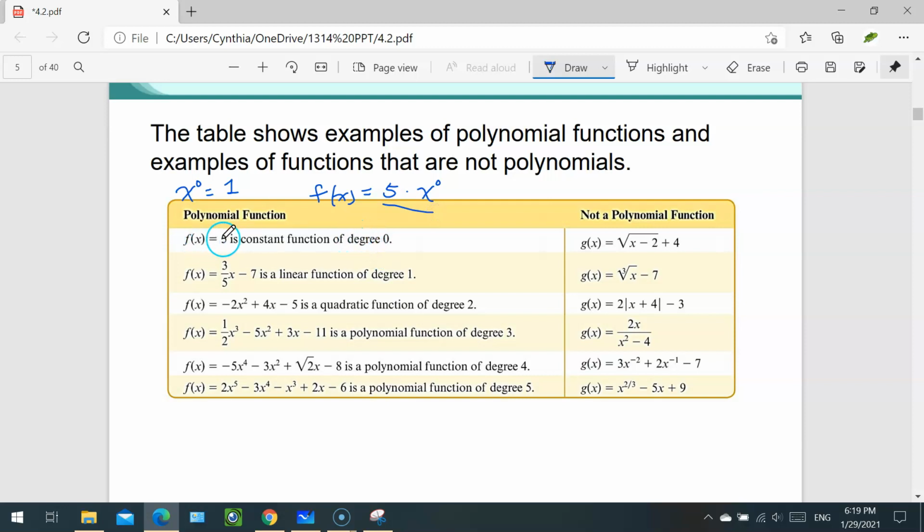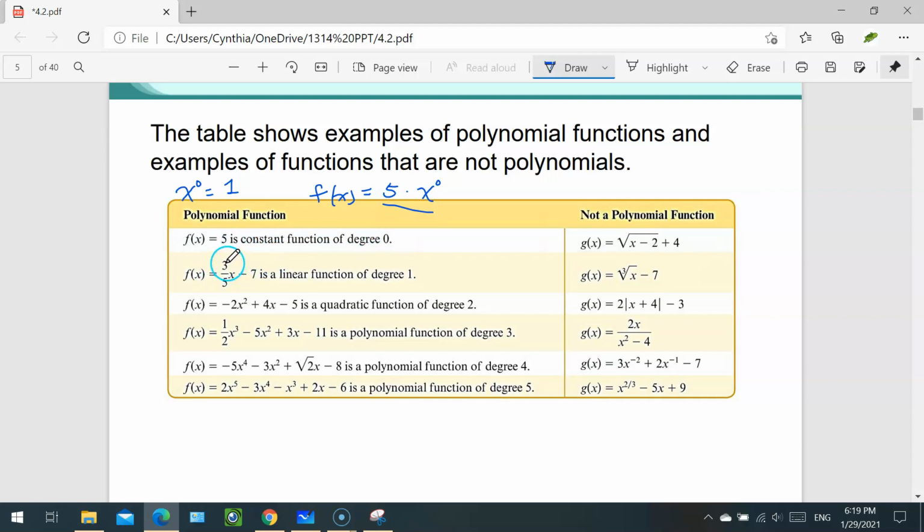That's why you don't see the x term here, but a constant number still counts as a polynomial function, because it is degree 0.